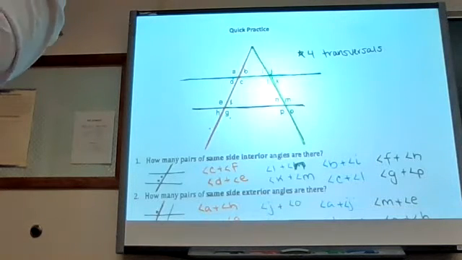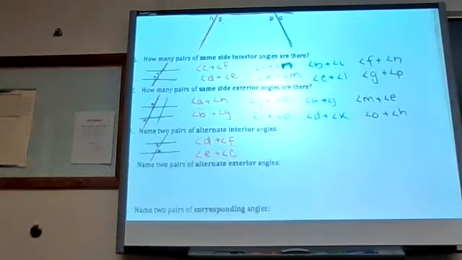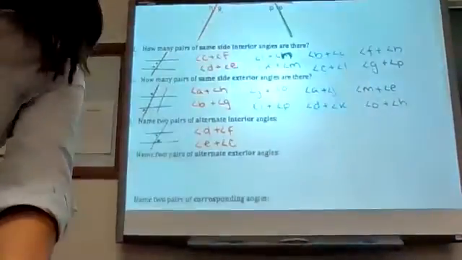So now see if you can find the alternate interior angles for the green line. I'm not going to help you. I want you to see if you can get them first, and then we'll talk about that one.